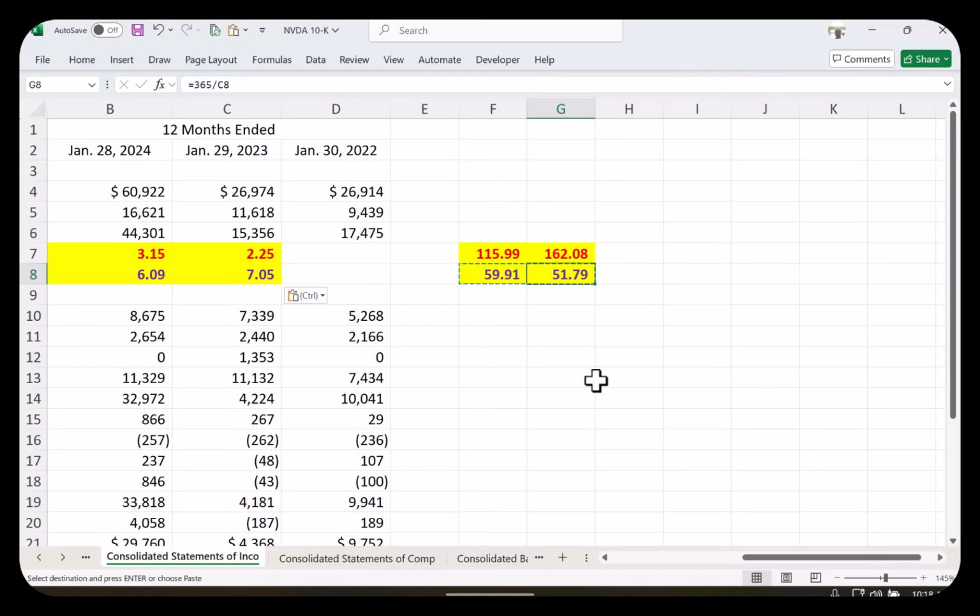Now they're collecting in about 60 days. It's not too much, but on a strict comparison, they're waiting a little bit longer. It may be better for them because they're not selling cheap stuff.